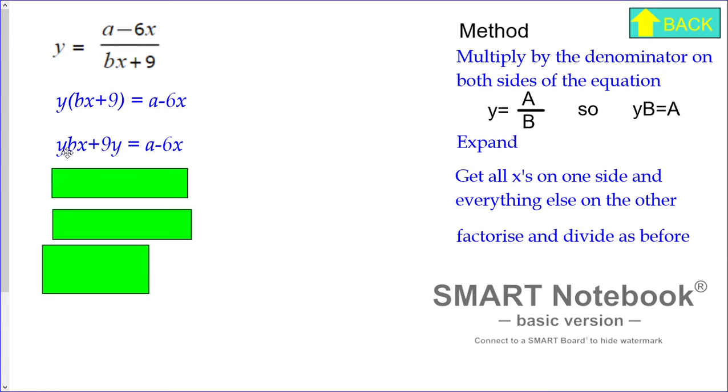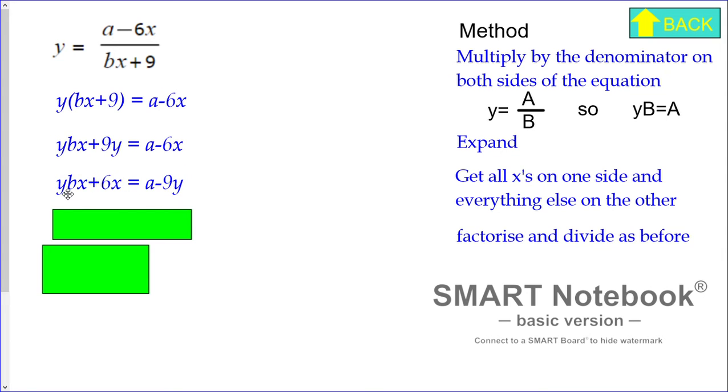The expansion is ybx plus 9y. We multiply both of these by y. And after that, we need to get all the x's on one side and all the non-x's on the other side. So we need to bring this minus 6x over here to make it plus 6x. And we bring the 9y to the other side to make it minus 9y.